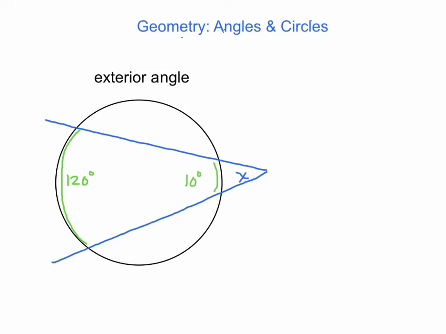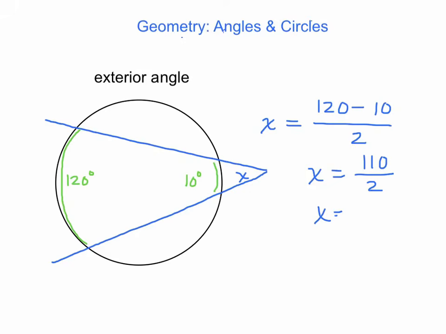To get the measure of that angle outside, instead of adding the two arcs, we're going to subtract the two arcs and then divide by 2. So 120 minus 10, divided by 2, equals x. So x will be 110 divided by 2, so x is 55 degrees.